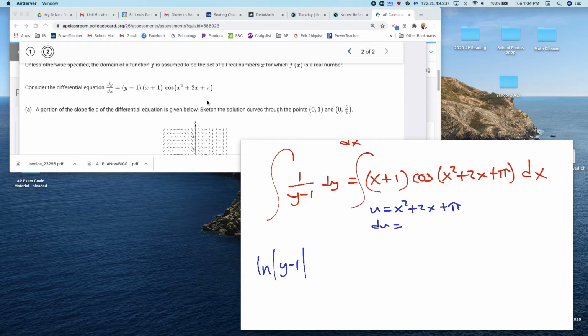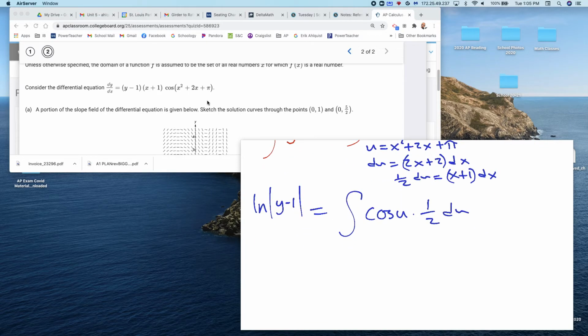So du is equal to 2x plus 2 dx, which means 1/2 du is equal to x plus 1 dx, if you factor out a 2. So what we have then is the integral of the cosine of u times 1/2 du.